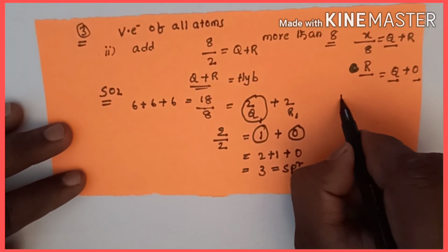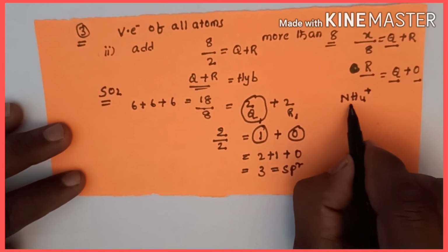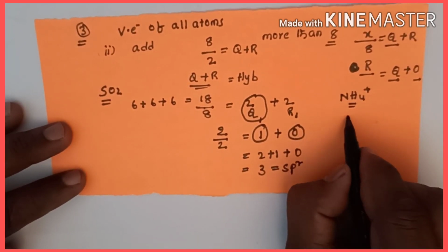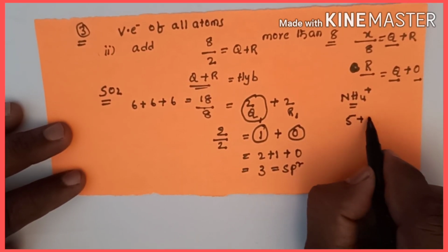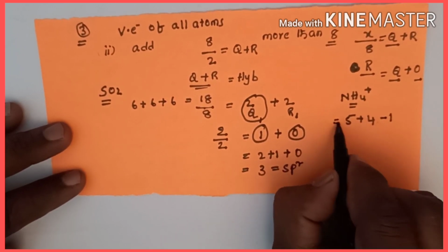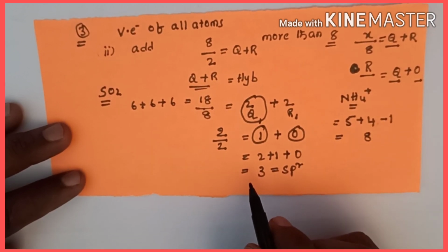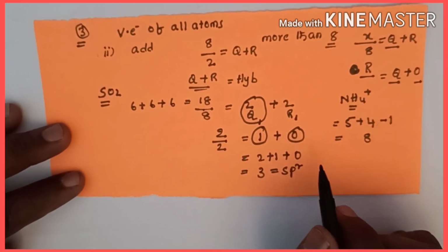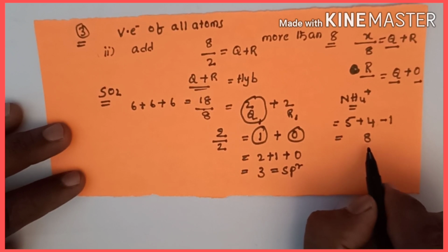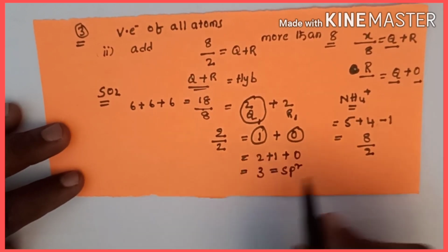In the same way, let us try for NH4 plus. Nitrogen 5, 4 hydrogens 4, but the plus charge is there, so minus 1. Then its value is 8. Now this you should divide by 2.